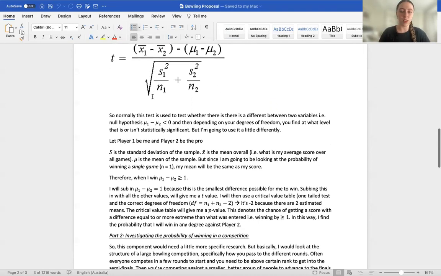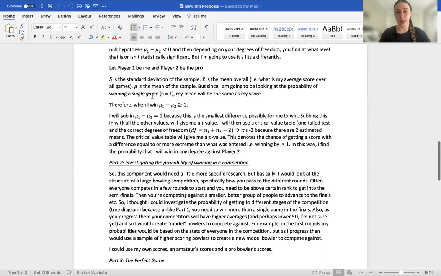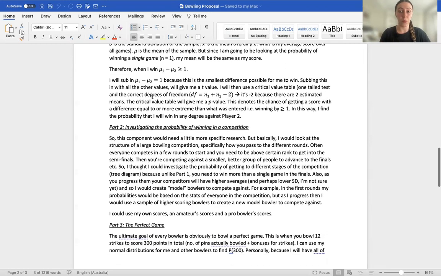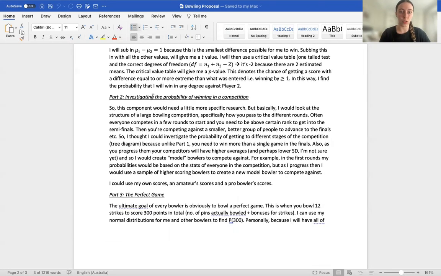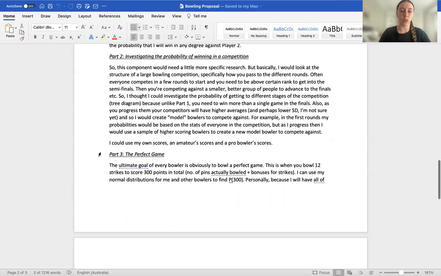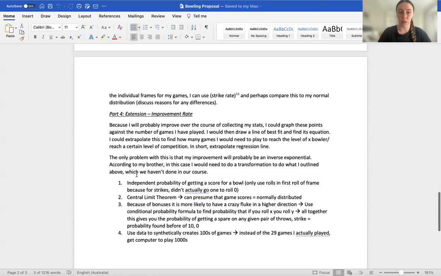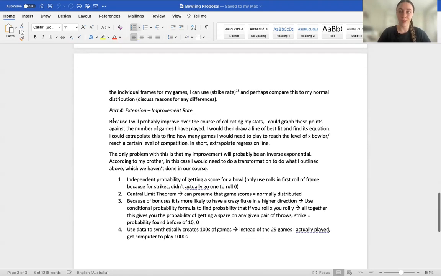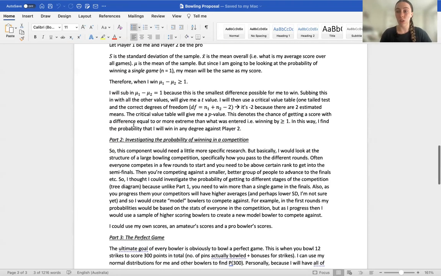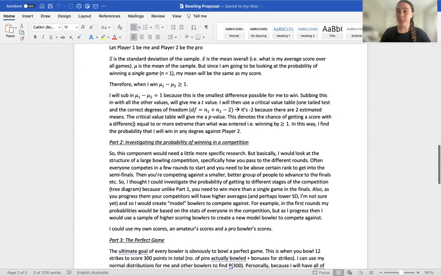So you can see this is already so much more expansive than my initial application or proposal. And then I'm going to investigate the probability of winning a competition, the probability of me doing a perfect game where I score 300, or an extension. I propose a potential extension for my maths IA. So you'll see when I actually go through my real maths IA that I didn't end up doing all of these.